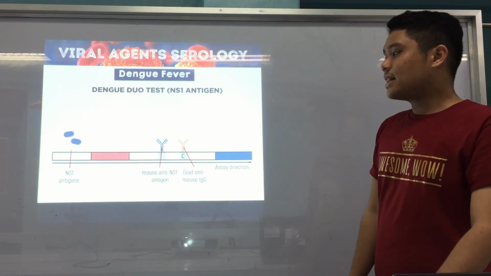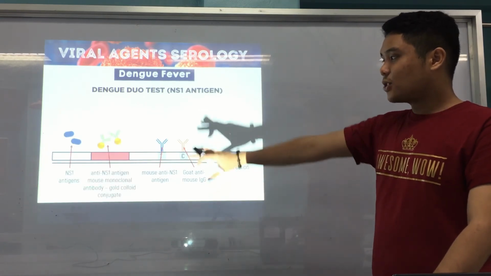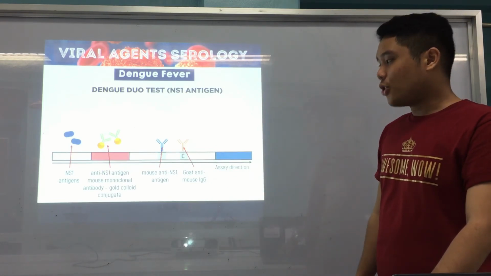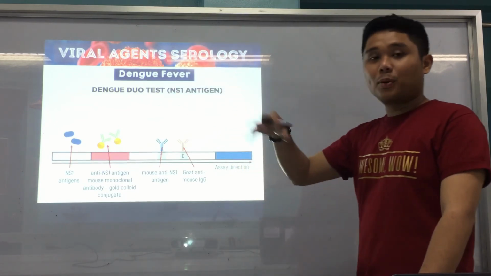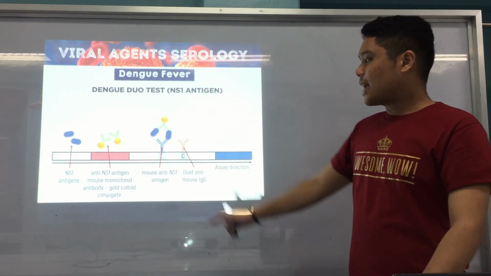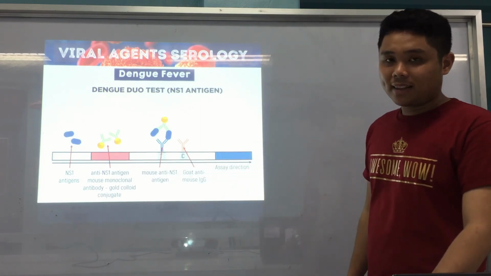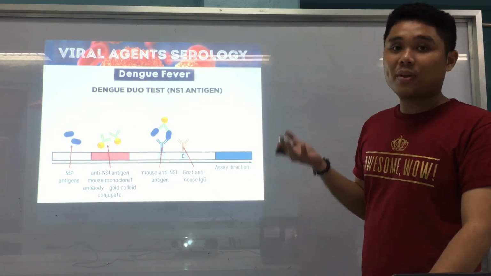Now for the sample, let's say it contains your NS1 antigen. So pag add mo sa sample, it then binds to an anti-NS1 antigen gold colloid conjugate. So this one is waiting in the sample port na pit sa inner part sa mong kit, and of course they will bind and they will be captured by the mouse anti-NS1 antigen. And of course, this will lead to the production of a colored band on the test region.